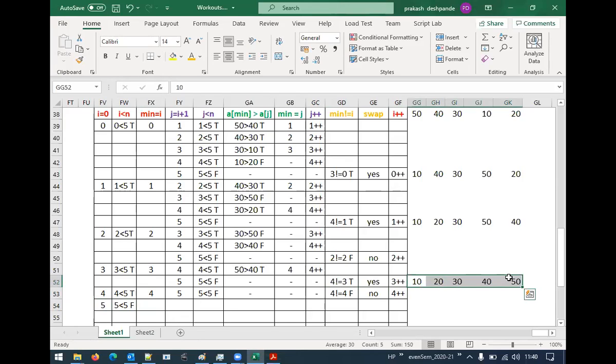Now, if you want to understand how the previous algorithm works, how it is better, take the same set of values. That is 50, 40, 30, 10, and 20. Take the same values and look at how many times we swap them. Definitely you will find more than these. That is 3 swaps.